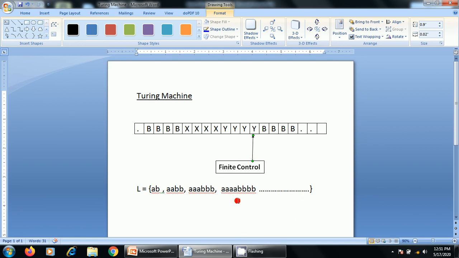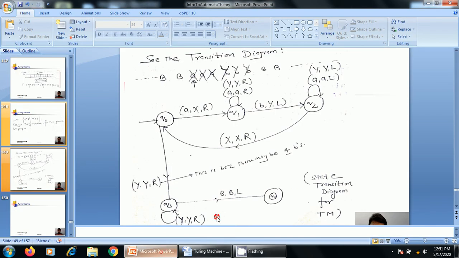Now it is very sure that there are an equal number of A and an equal number of B, which means the machine will halt here. This input is accepted by this machine: 4 times A, 4 times B is accepted by this machine.